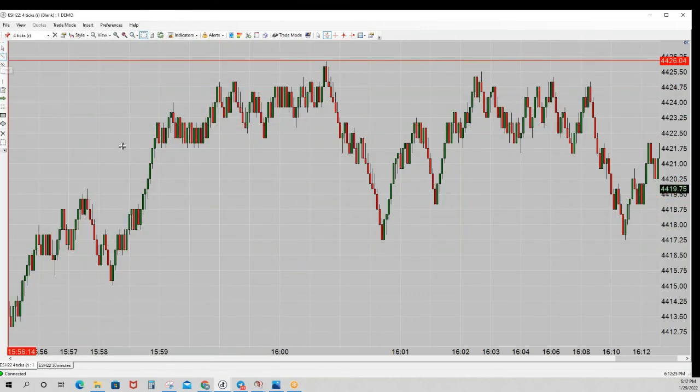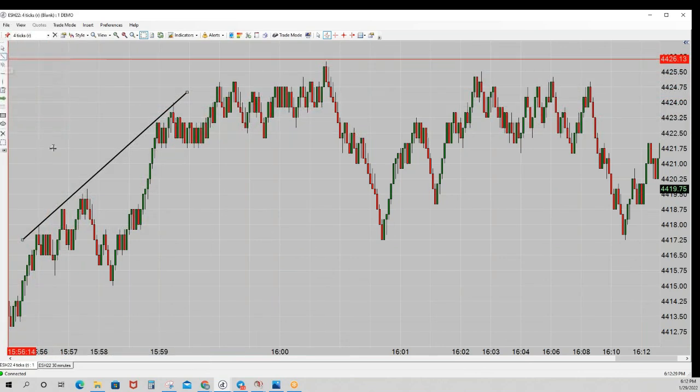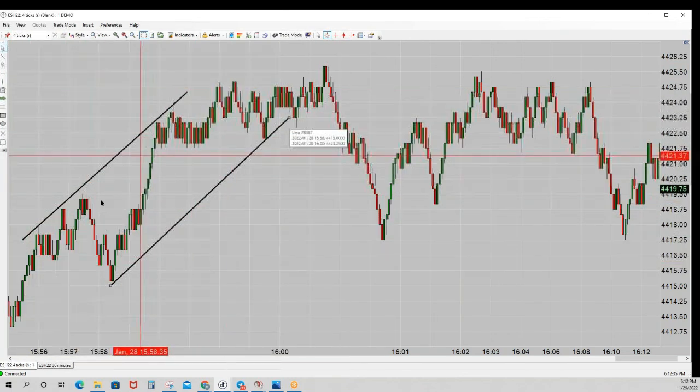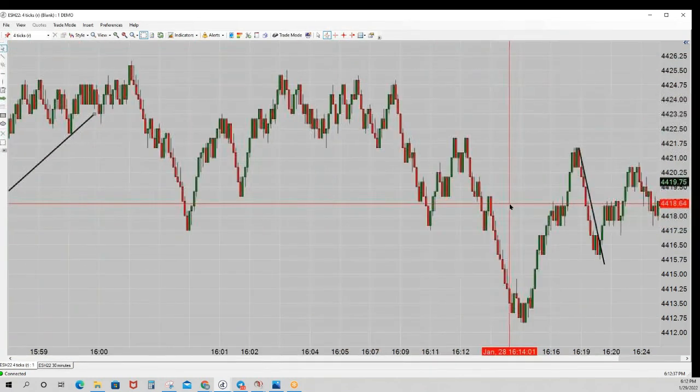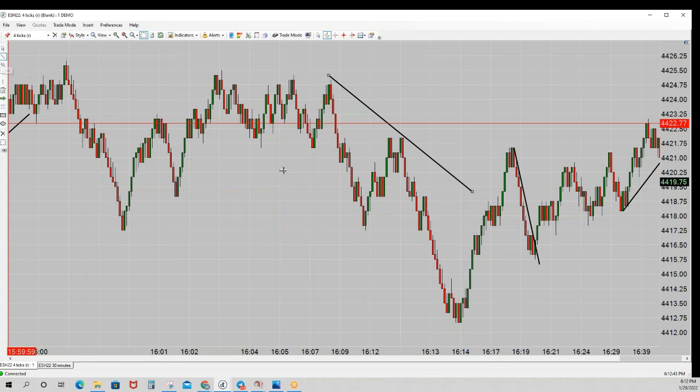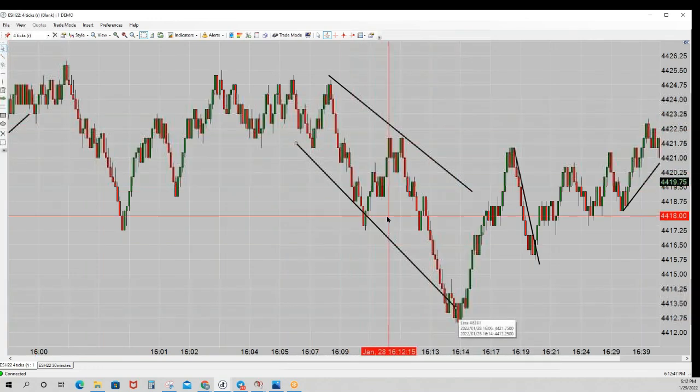When I say that, what I mean is we want to see things like this: higher highs and higher lows, like this. Okay, that is an uptrend. All right. Conversely, we want to see lower highs, like this. Okay, and lower lows, like this. All right, that is a downtrend.